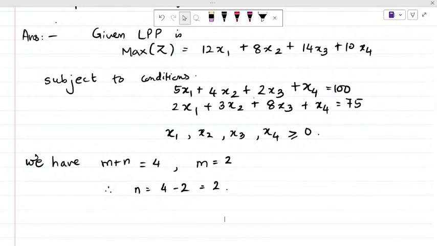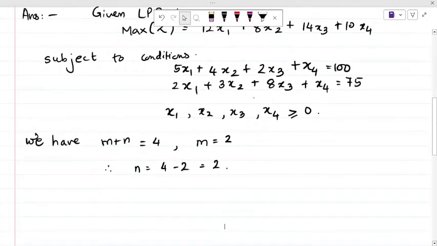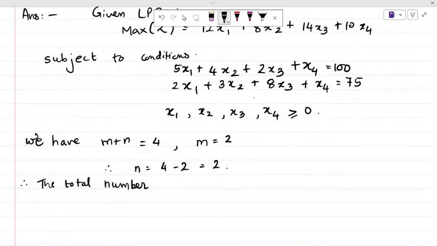Now the total number of basic solutions is equal to m plus n C m.